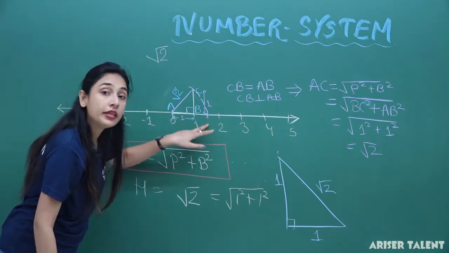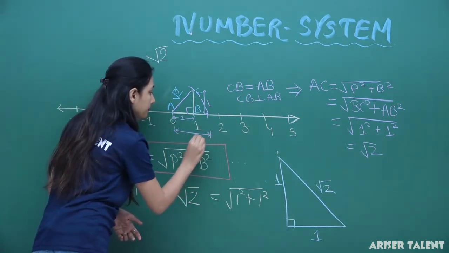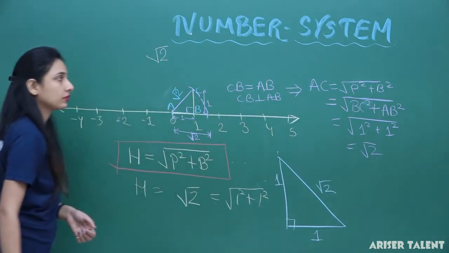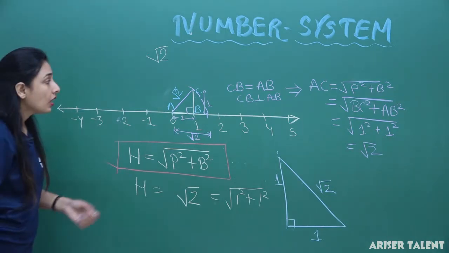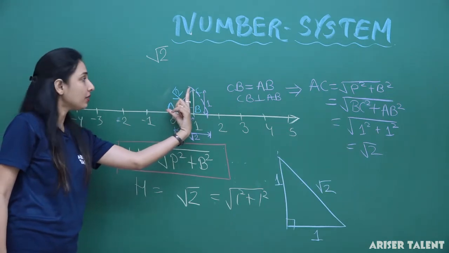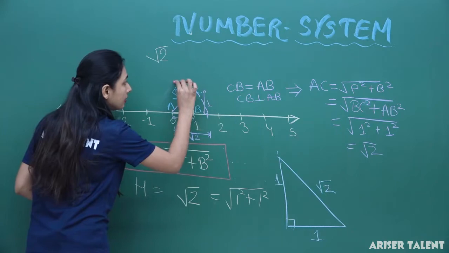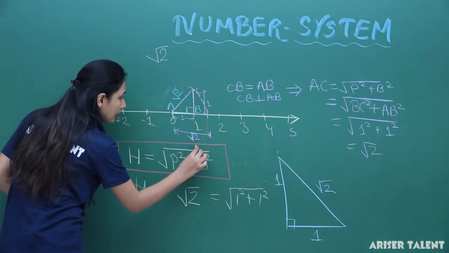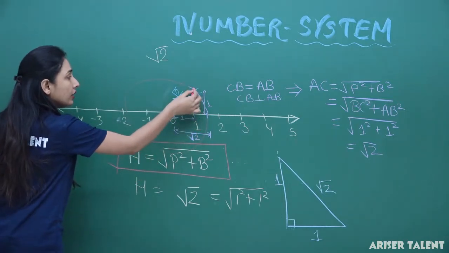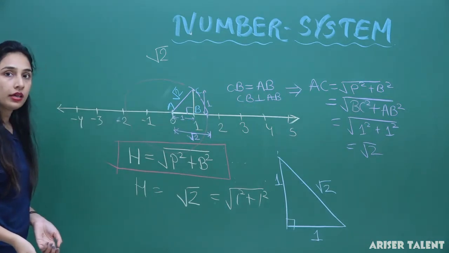Now this particular point is root 2. Isn't it? This particular length will be equal to this length, because if you draw the complete circle here, you will find out this is a radius also, this is a radius also, so the radius will be the same.